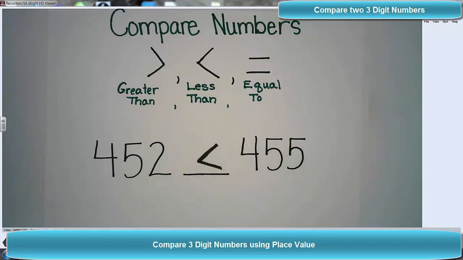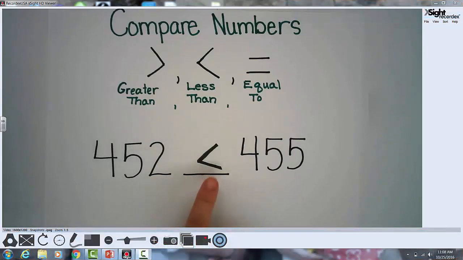A student might say 452 has 4 hundreds, 5 tens, and 2 ones. 455 has 4 hundreds, 5 tens, and 5 ones. They have the same number of hundreds and the same number of tens, but 455 has 5 ones and 452 has only 2 ones. 452 is less than 455.